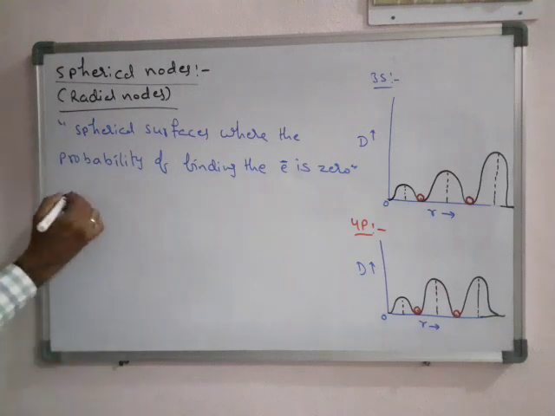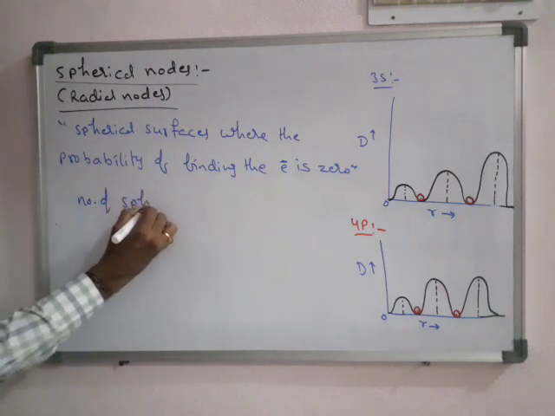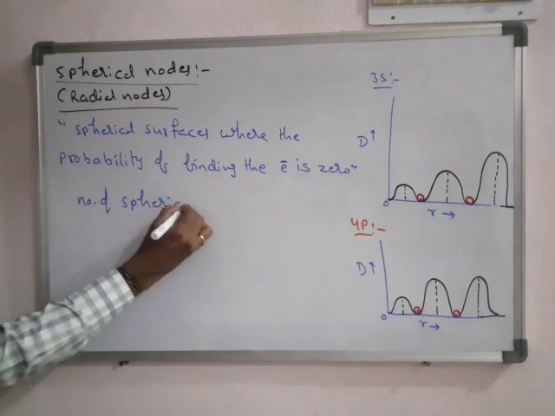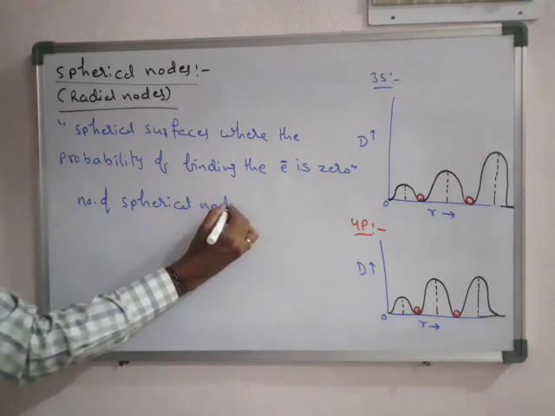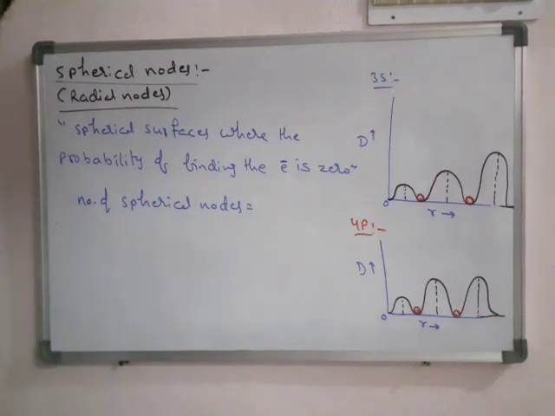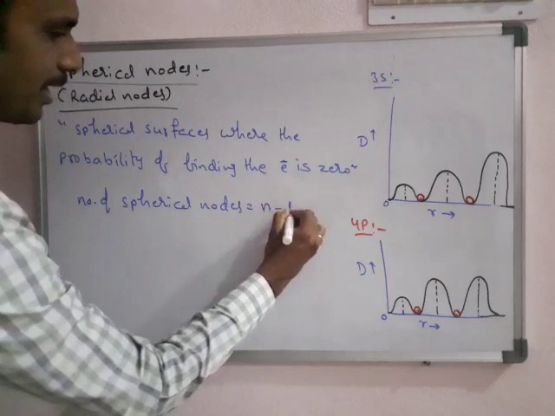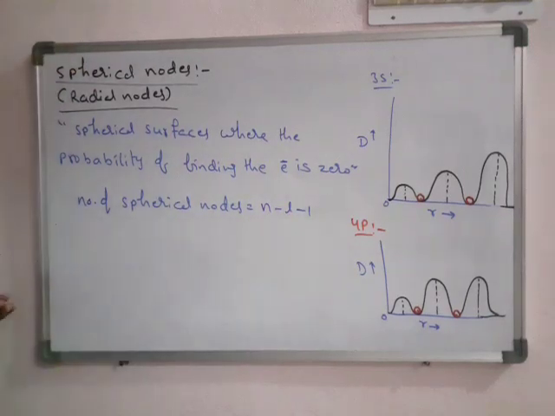So what is the number of spherical nodes? For any of this type of plots, any of this type of graphs, we have a formula to calculate it: n minus l minus 1.